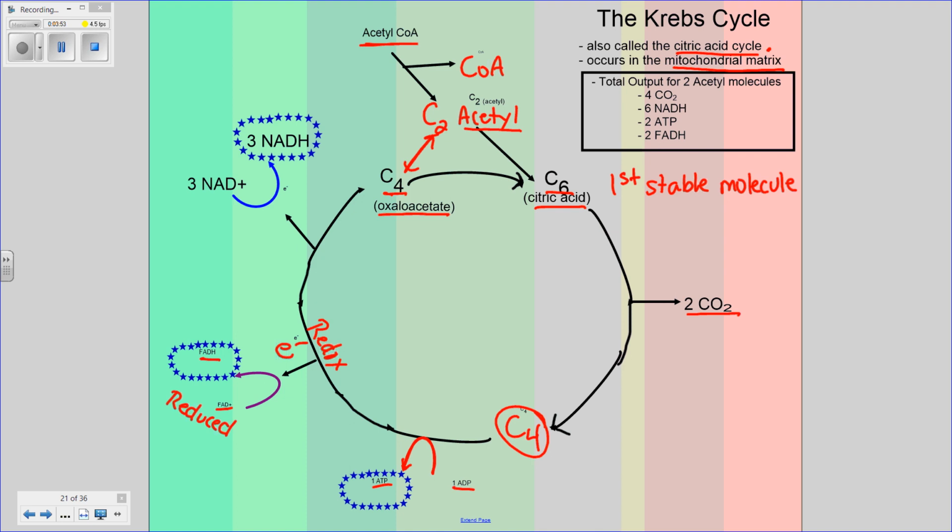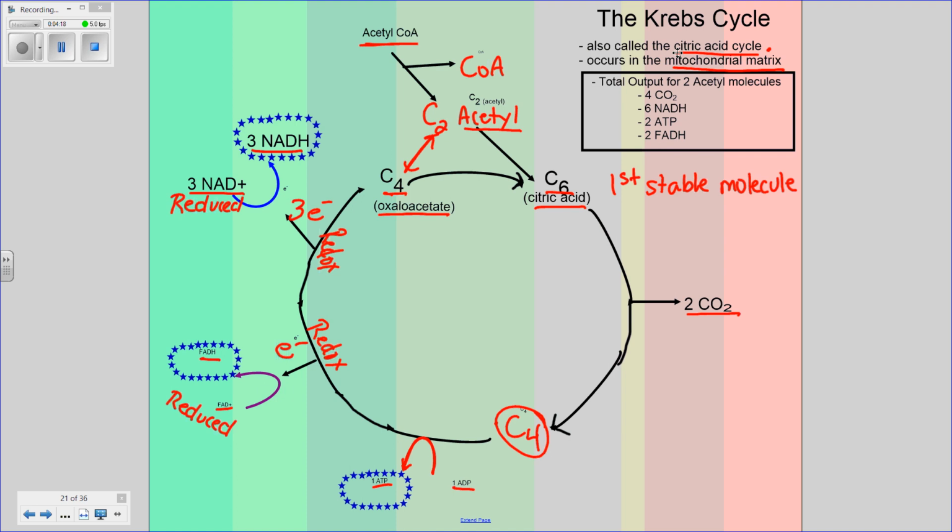Now we're going to do another one up here, except this time we're going to remove 3 electrons. So another redox. Our C4 is the molecule being oxidized. And now, back to our old friend, NAD+. NAD+ will be reduced. And we're going to turn 3 NAD+ into 3 NADH.